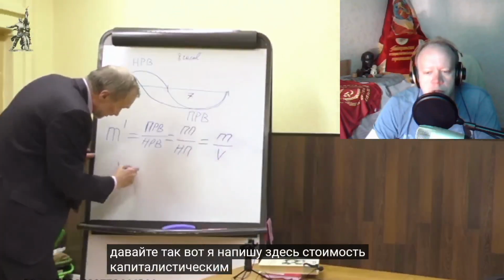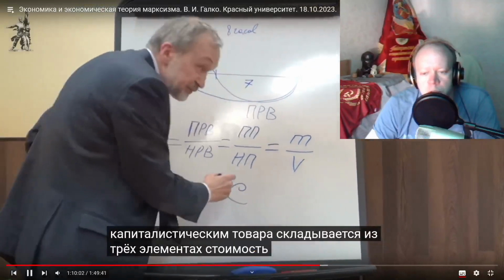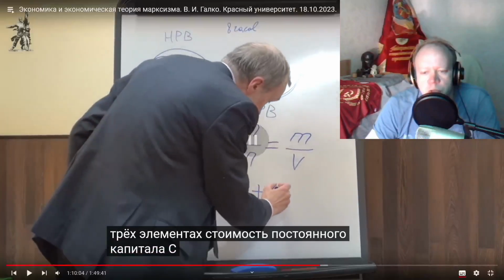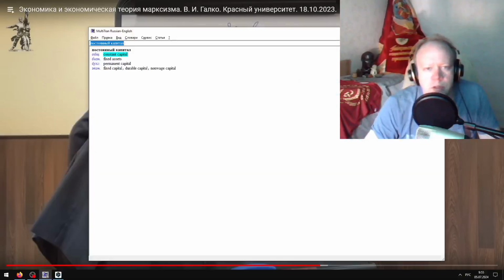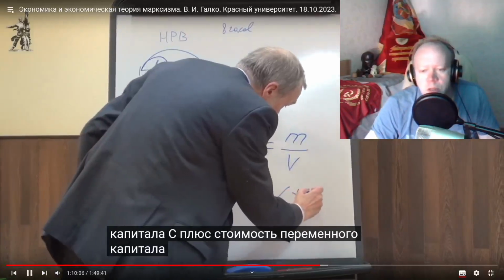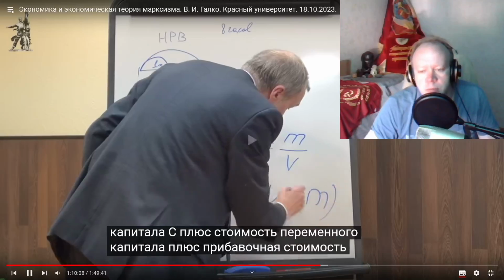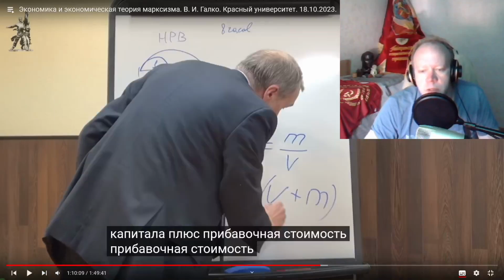The cost of a capitalistically produced commodity consists of three elements: the price of constant capital, or fixed capital, non-wage capital, plus the value of wage capital, or variable capital, plus surplus value.